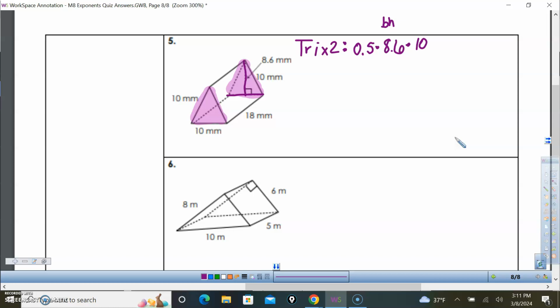I'm going to multiply those three numbers, and I am getting that one triangle has an area of 43 millimeters. But then because I have two triangles, I always have to double it, front and back triangle. And so my two triangles end up being 86.